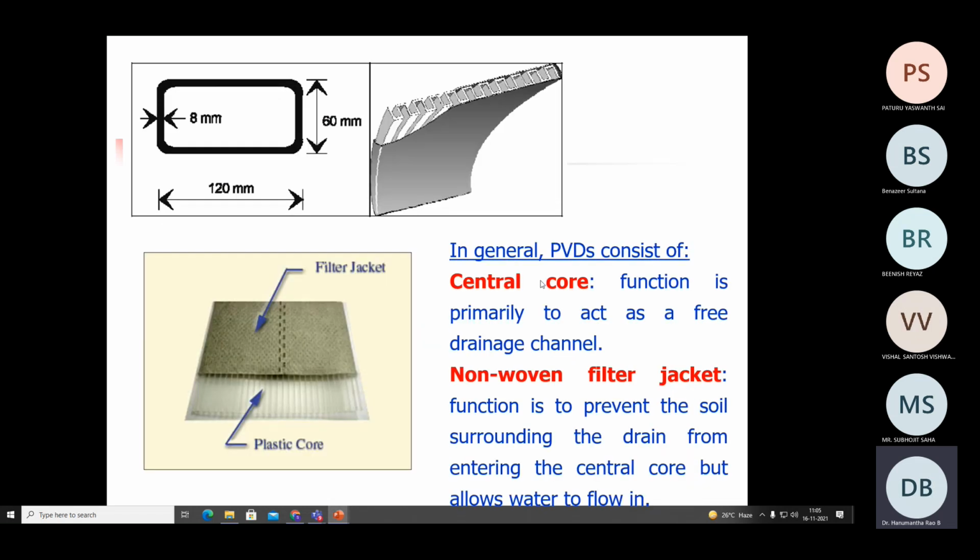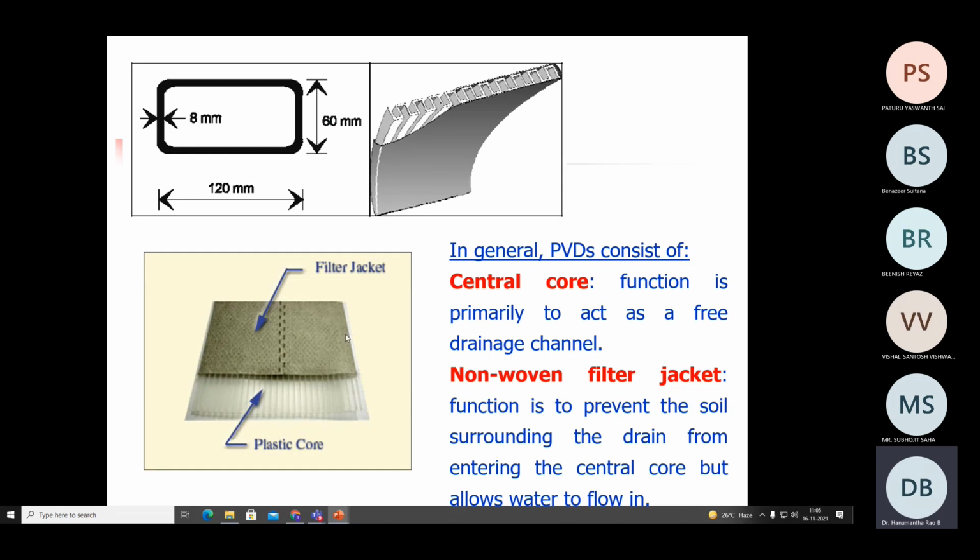These are the functions of the PVD. The core will primarily act as a free drainage channel, where it allows the movement of water in the upward direction as a result of the generation of the excess pore water pressure. The non-woven filter jacket, as shown here, is wrapped around the core material.